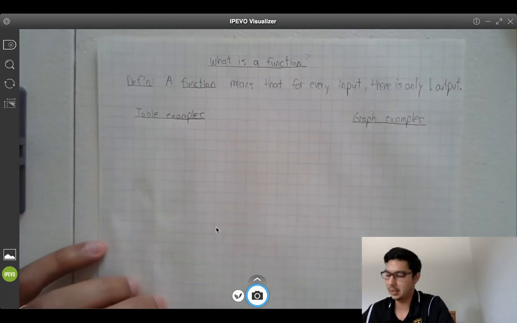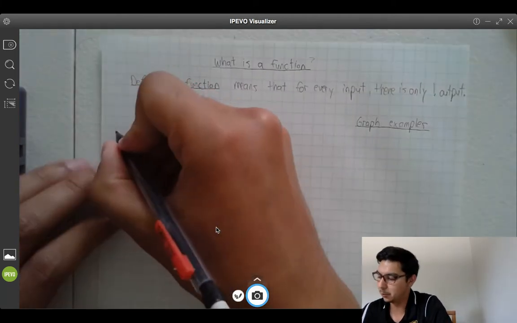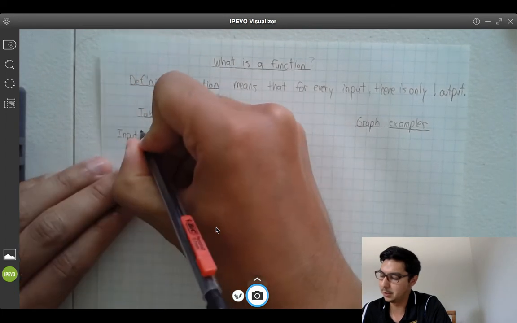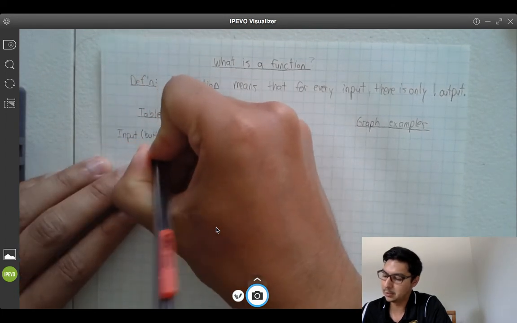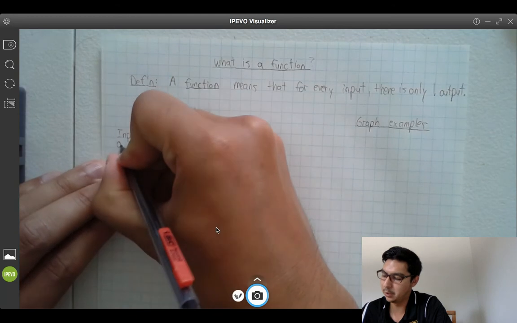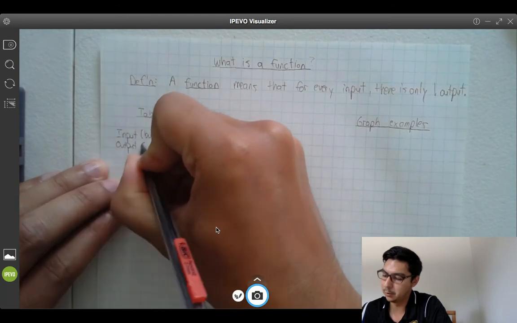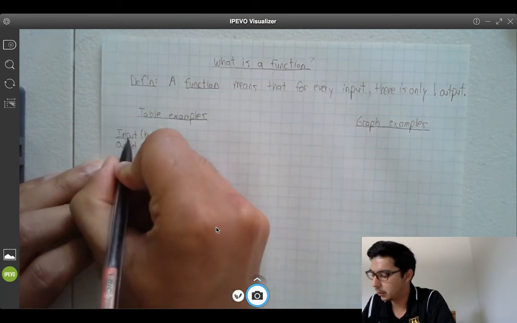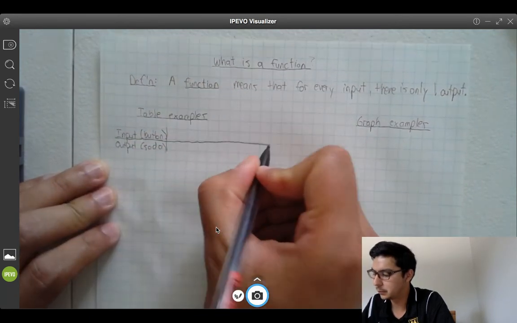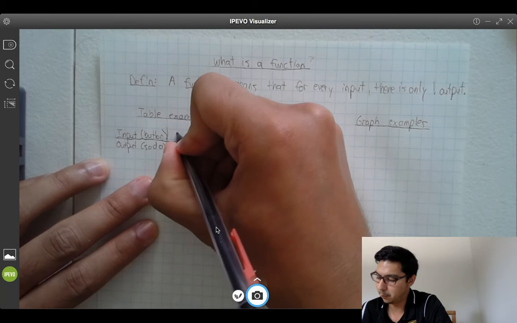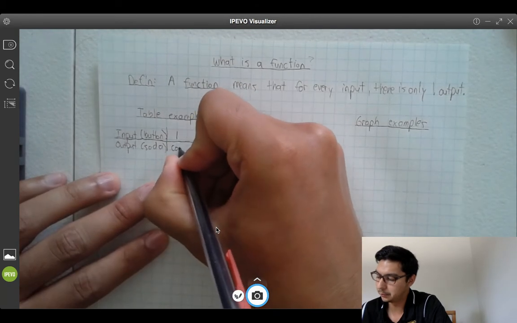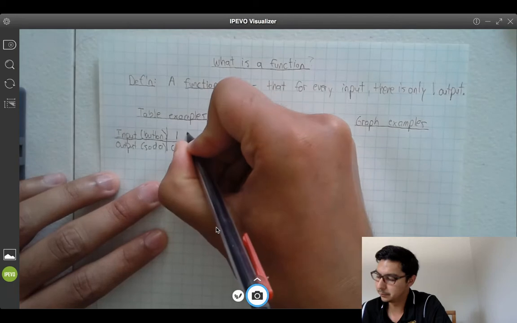So say I make a table, and it'll be like your soda machine problem. We'll call the input the buttons, and your output will be the soda. All right, so we're going to make a little table here for the first example. Let's say if you hit button 1, you get a Coke.